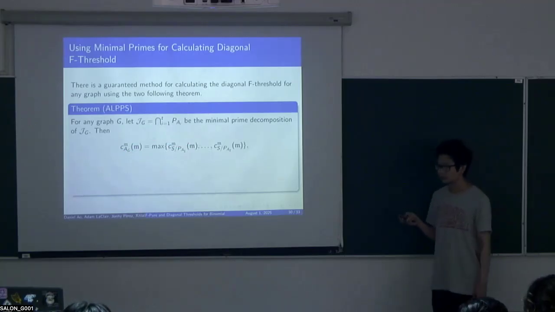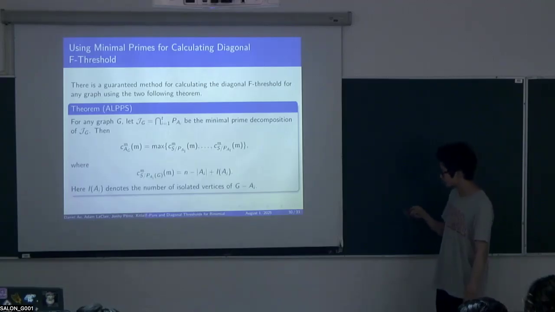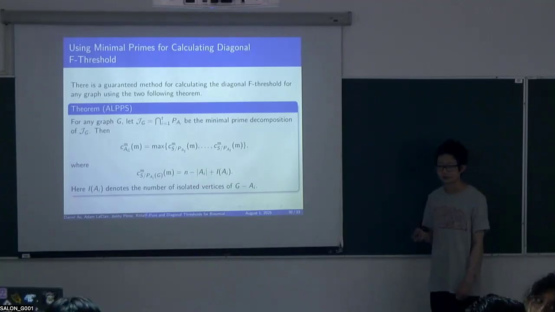The reason this helps us is because we can easily compute the diagonal F thresholds of the minimal primes using this formula. You just take the number of vertices, subtract the size of the cut set Ai, and add the number of isolated vertices of the graph G minus Ai.